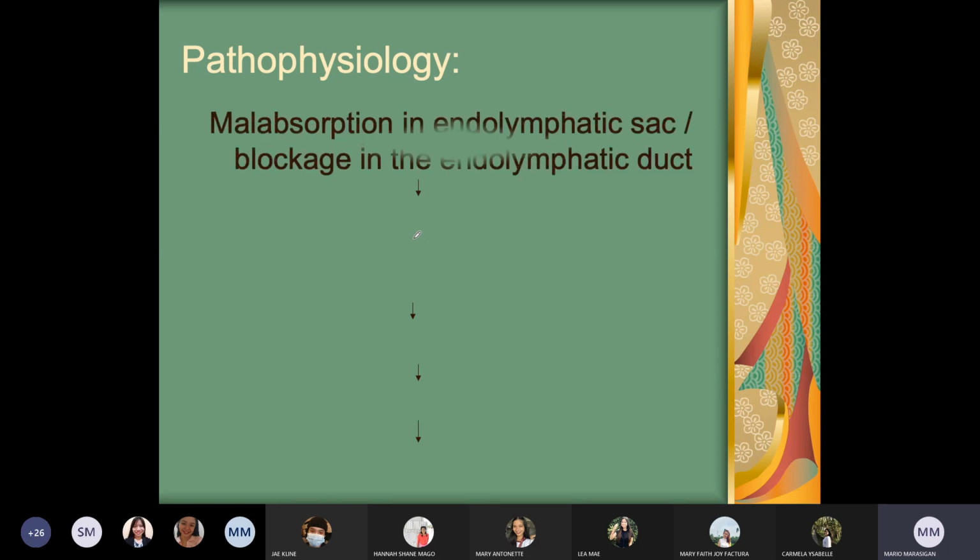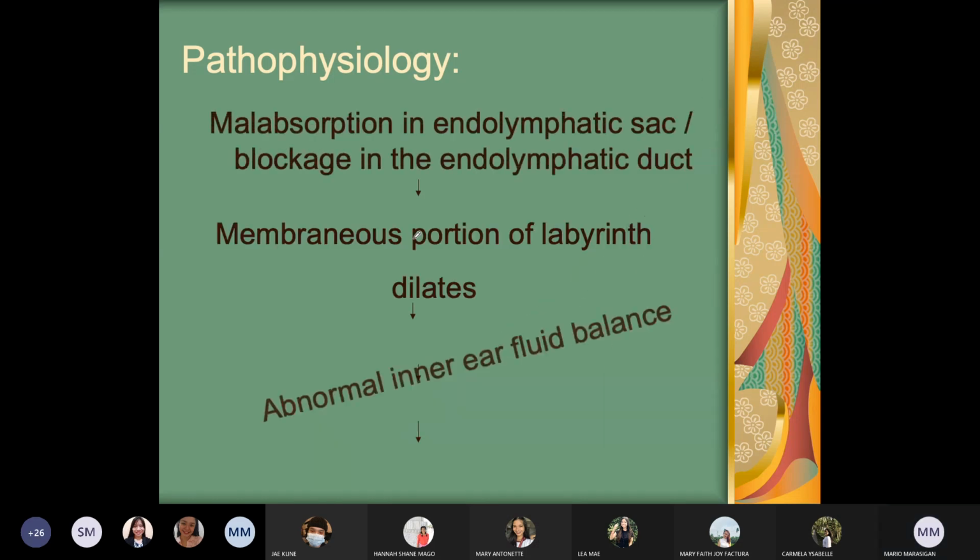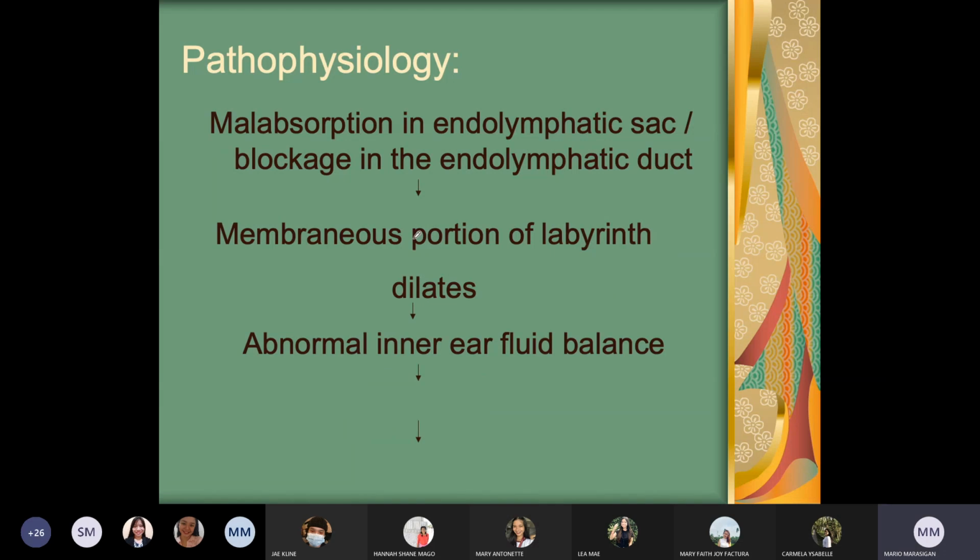So for the pathophysiology, let's start with the etiology or the cause. It says that the cause or the etiology is malabsorption of the endolymphatic sac. And what is in the endolymphatic sac? Nandun yung fluid, right? The endolymphatic fluid, the endolymph.